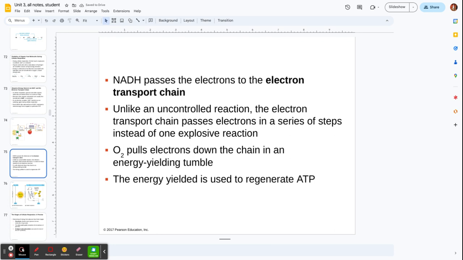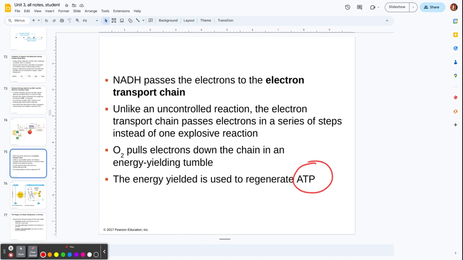NADH passes these electrons that it's carrying, shuttling, taxiing, to an area of cell respiration called the electron transport chain. And as it does that, it's going to generate some ATP. This is, believe it or not, an overview, because we're going to talk more about this.